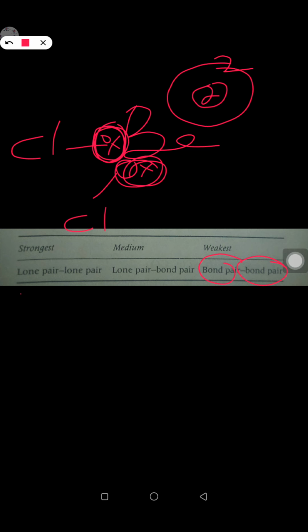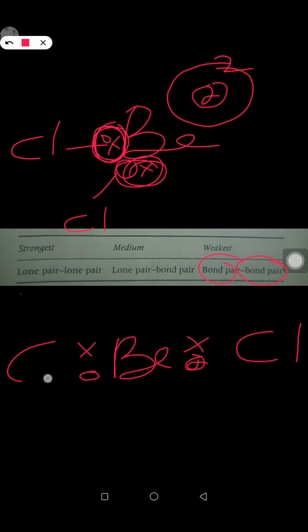But in this case, we don't have a lone pair, so the two bond pairs push each other and try to maintain as much distance as possible from each other. So it's most likely going to look like this.